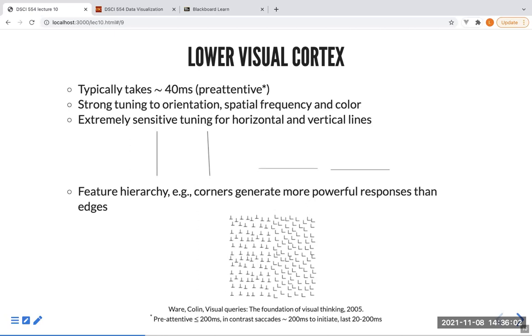So there is strong tuning, in the sense that we just saw, to anything that is orientation. Here you see these two vertical lines. This one is not vertical, and with respect to this one, we see it very clearly, right? And here you see also alignment. I think we're very good at seeing these things, because of the strong tuning to orientation. Spatial frequency is typically here, right?